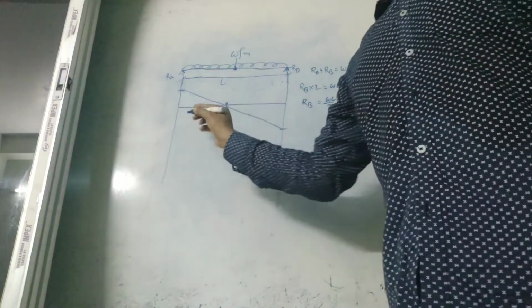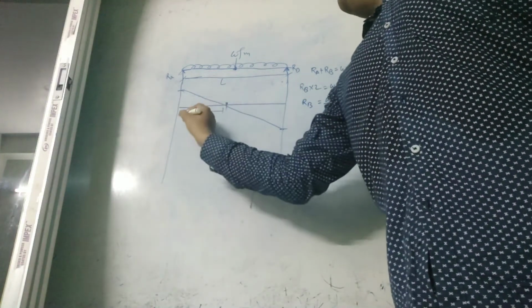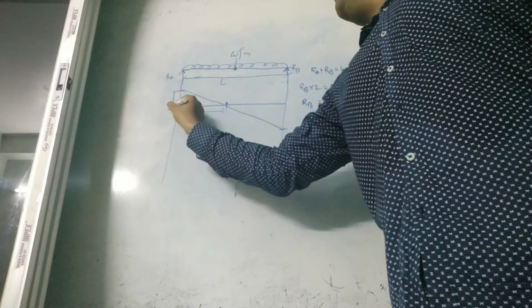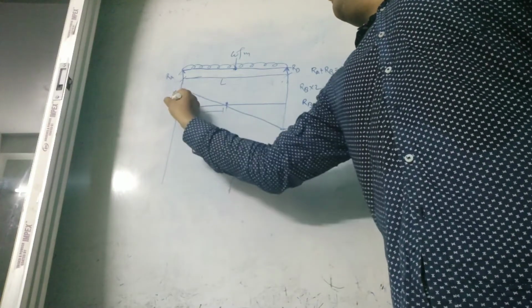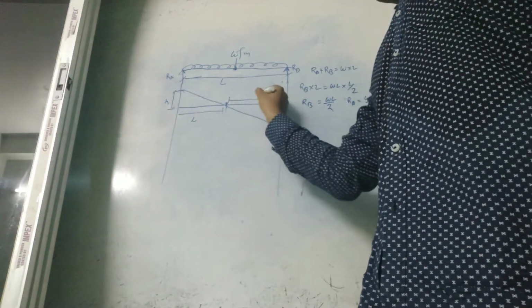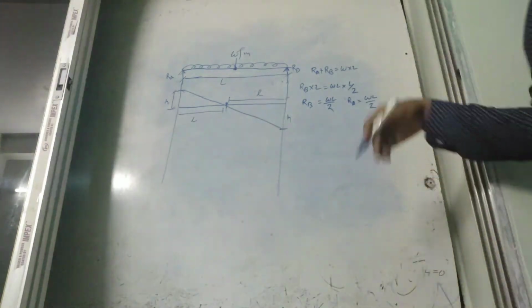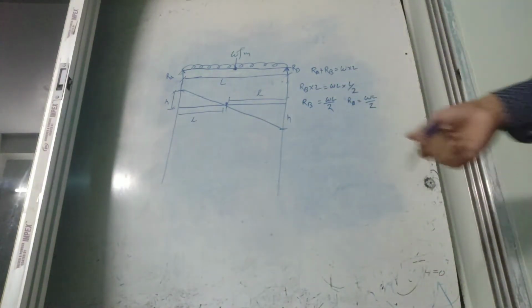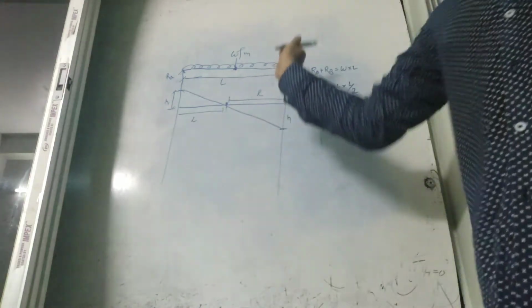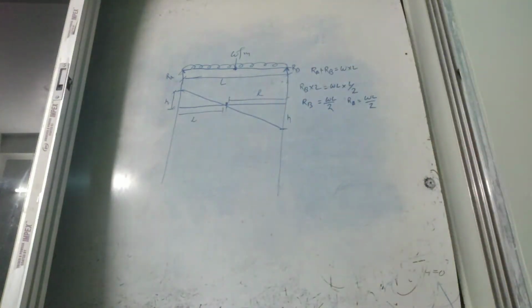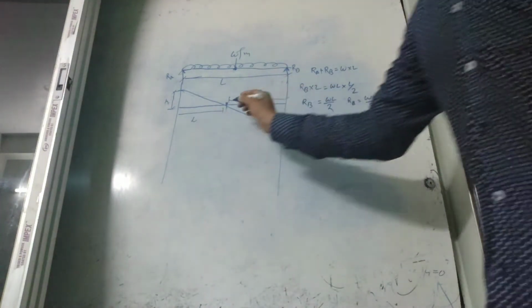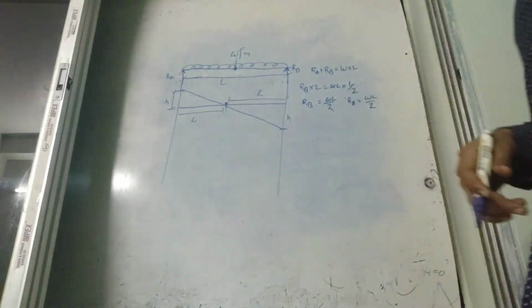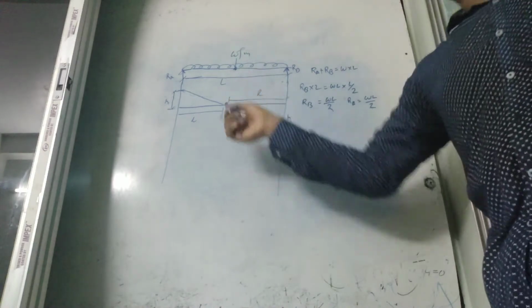Otherwise, we would need to calculate by the triangle rule, length by height of each triangle. We will go through that in future maths. If the UDL does not cover the total portion, we need to calculate the distance of this point. Now it covers the whole portion, so it is the middle point.